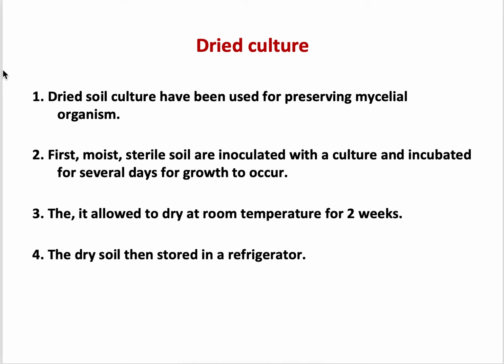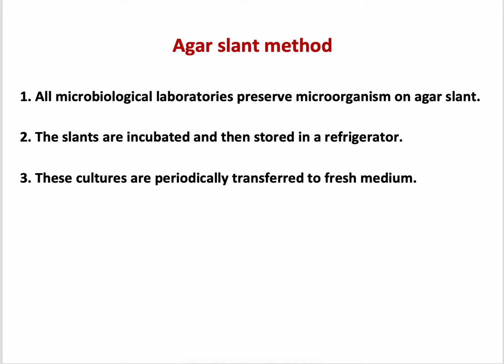If you want to store your microbes at around 4 degrees Celsius, in the laboratory we frequently do that. If we don't need to store them for a very long time, then we store them at around 4 degrees Celsius.